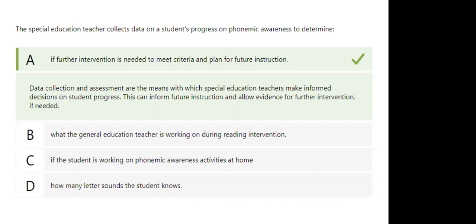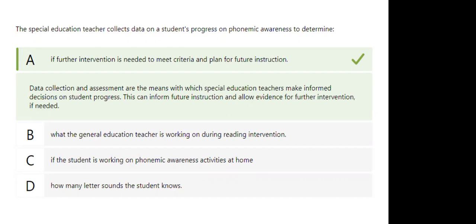Data collection and assessment are the means with which special education teachers can make informed decisions on student progress. So this special education teacher is collecting this data on the student's progress to find out if further intervention is needed to meet criteria, because the special education teacher has the IEP.